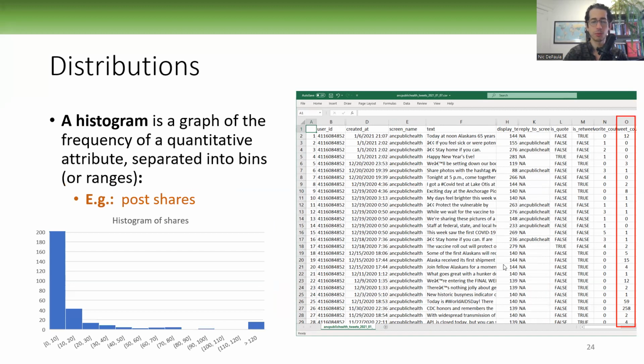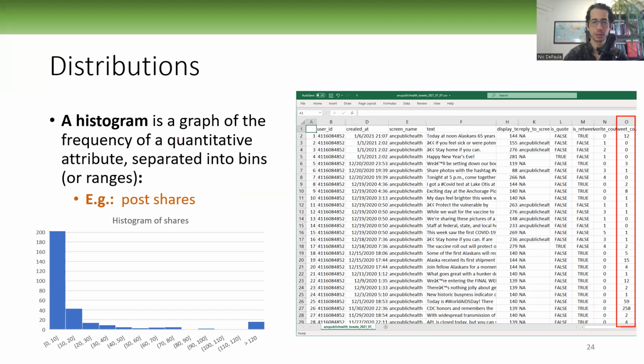Now, when we're focused on a quantitative distribution, we use the histogram to graph the frequency of that quantitative attribute. And that is a graph separated into bins or ranges. So let's take a look at an example here. We're focused on this data set of tweets. Each record is a tweet.